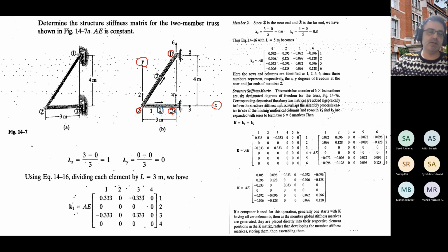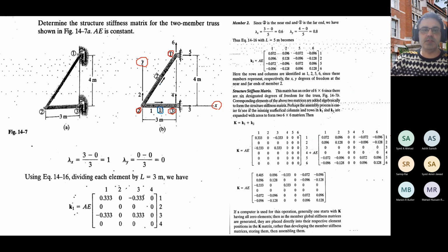The beginning of the element is the near end and the end of the element is called the far end. It's like I'm standing beside the beginning of the element, just beside joint 2. I'm seeing joint 2 beside myself, and I'm seeing joint 3 far away from myself. So we always have a near end and a far end.